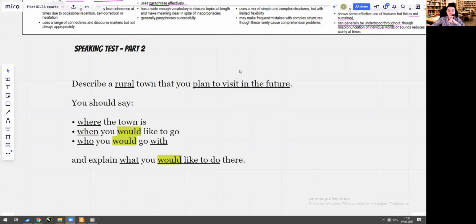I'd like you to give me a 2-minute talk answering this cue card, doing a 2-minute talk about a rural town that you plan to visit. Have a pen and a piece of paper ready. Give yourself 1 minute to prepare and then give yourself 2 minutes.